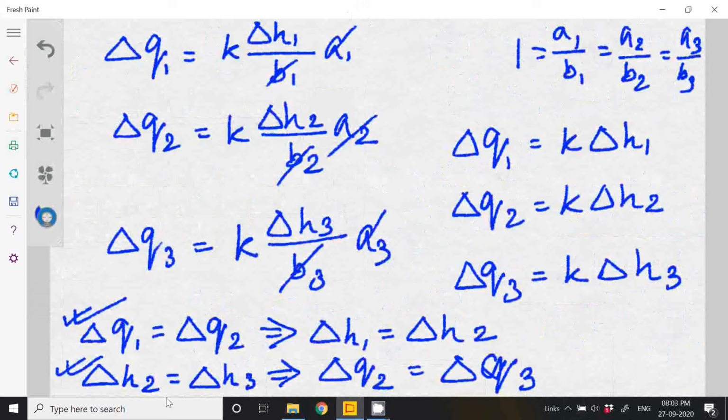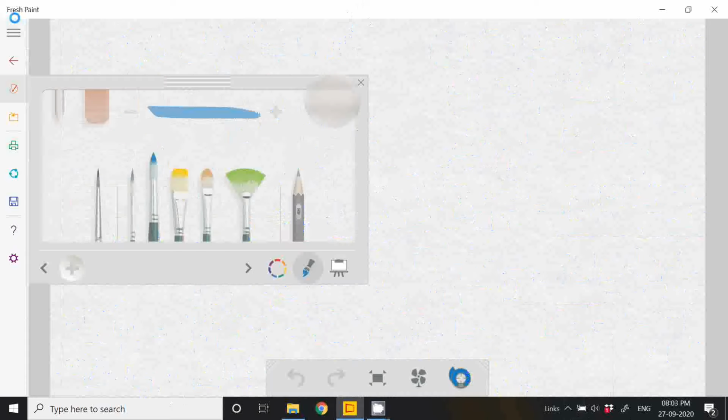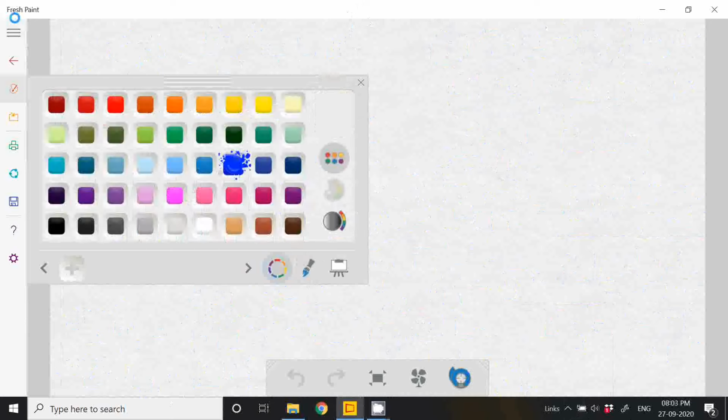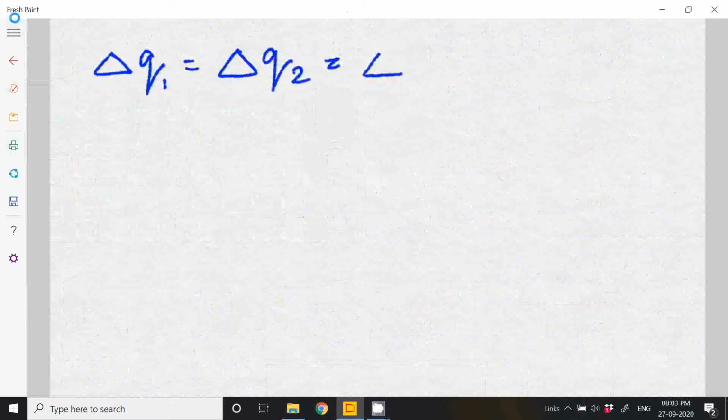So ultimately we get this, and what is the final outcome of all of it? The final outcome is delta q1 is equal to delta q2 is equal to delta q3. Let me term it as delta q.